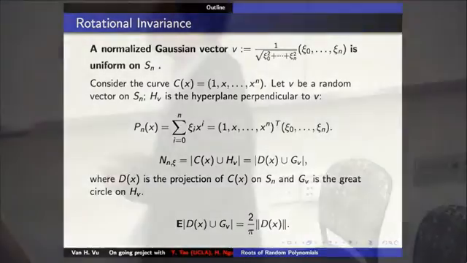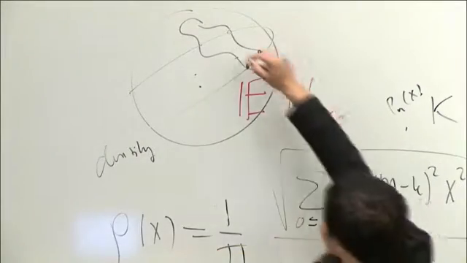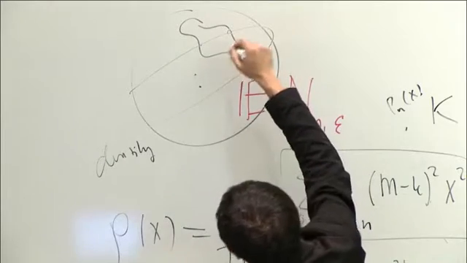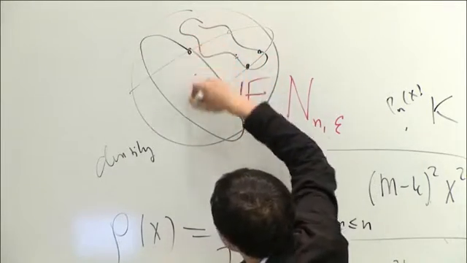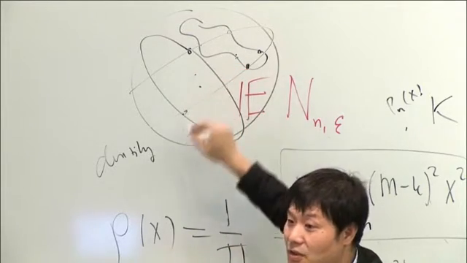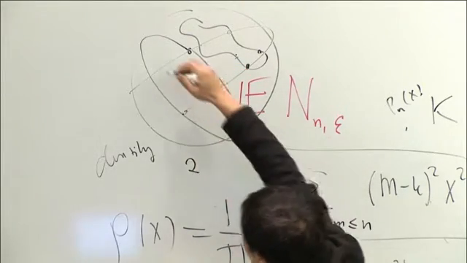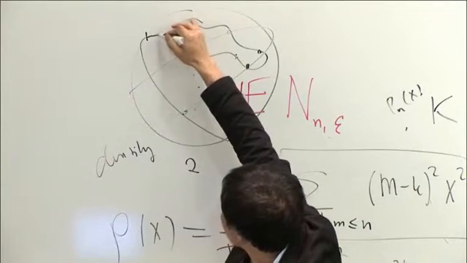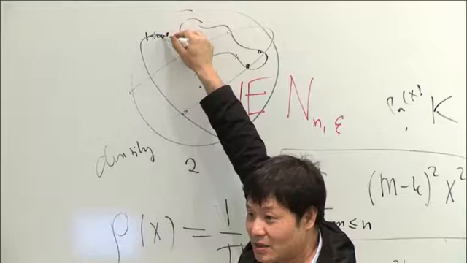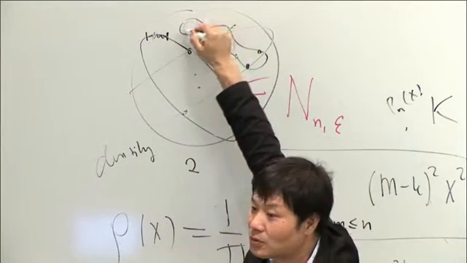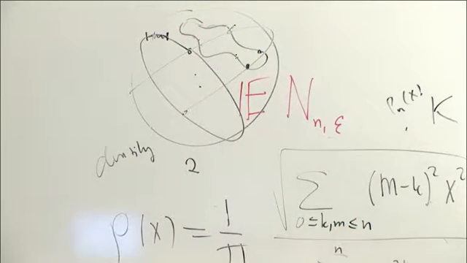This curve is complicated, but let's look at a very simple case, when the curve is another great circle, then you have exactly 2 intersections. Now you take a small piece of this, then you will have 2 over pi times the length of this in expectation. And then you just break this curve into small pieces. So what you get is just 2 over pi times the length of the curve, and you can compute the length by this formula.